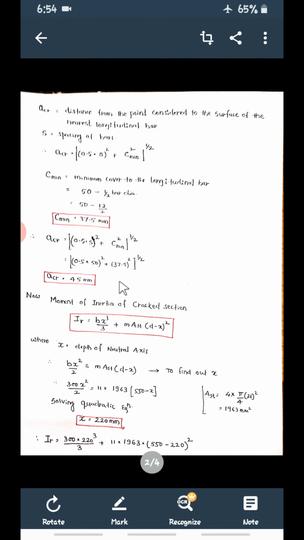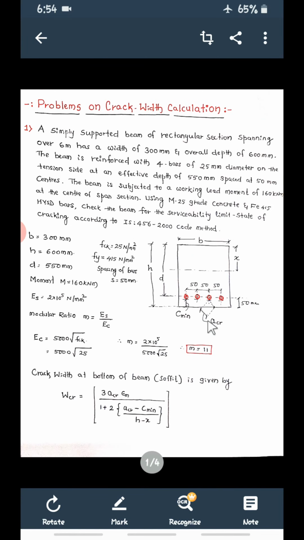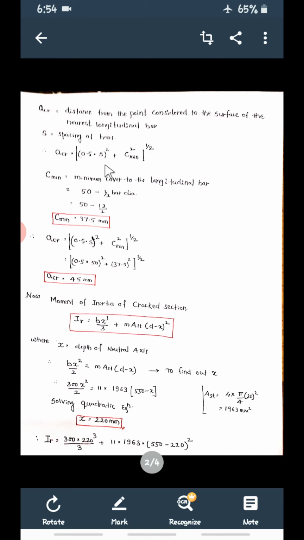So how will we calculate acr? This acr will be calculated from this formula, which we have already seen in the previous class. So acr is equal to 0.5 into s square plus c minimum square, then whole raised to half, 1 by 2.